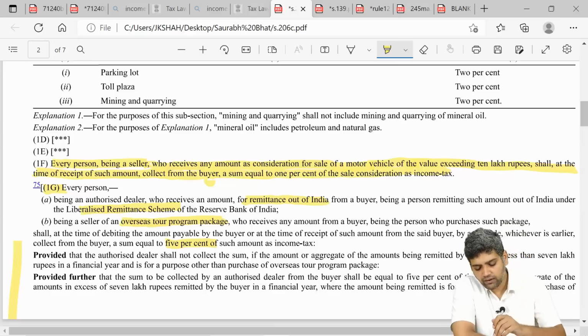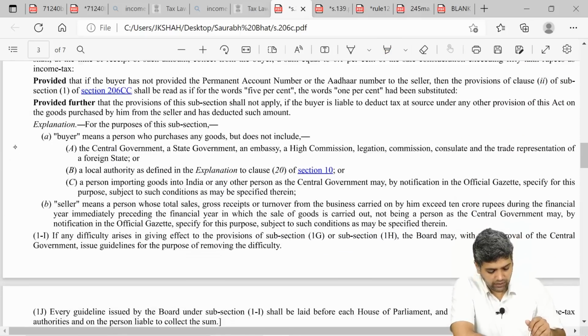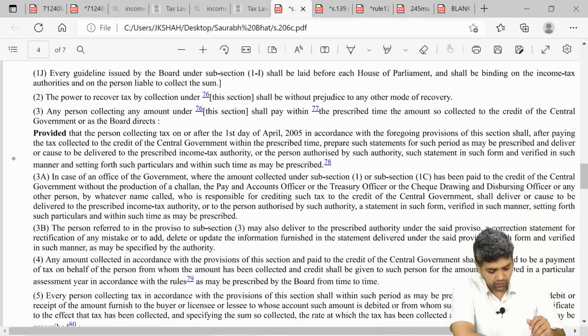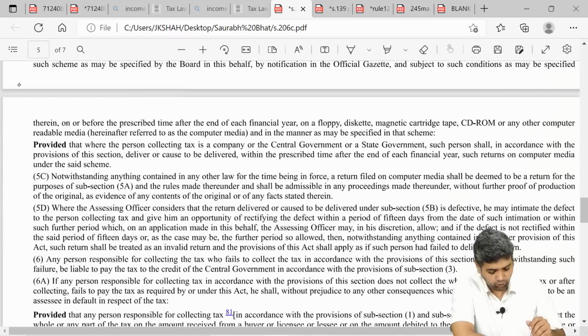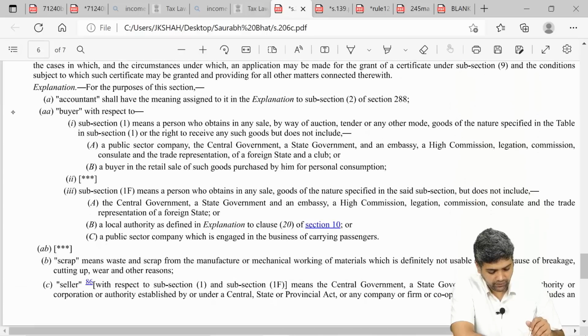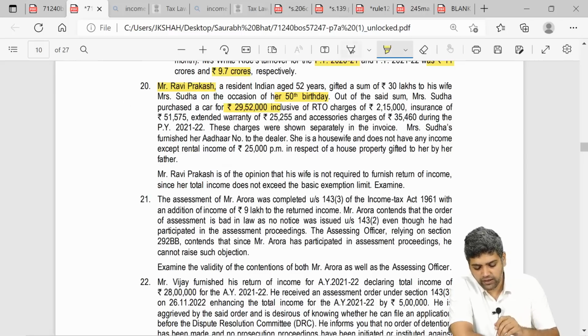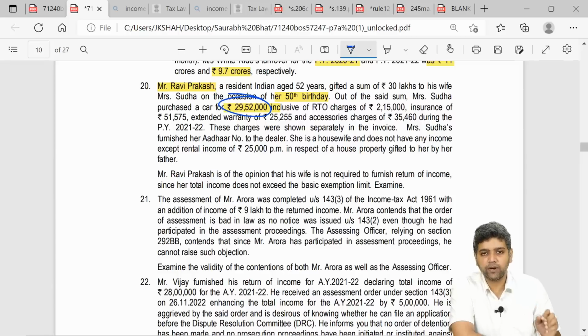So, where there is a sale of motor car, the person who is selling the motor car will collect from the buyer 1% TCS. So, over here in my question, is there a sale of motor car? Yes, because Mrs. Sudha has purchased a motor vehicle worth 29 lakh 52,000.